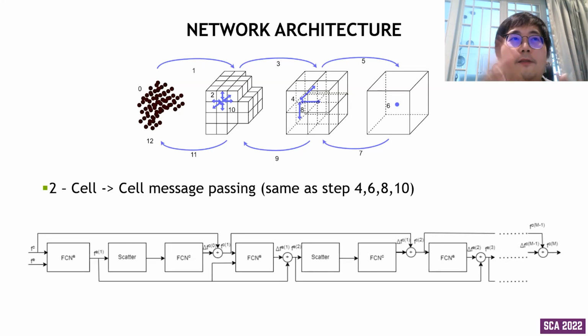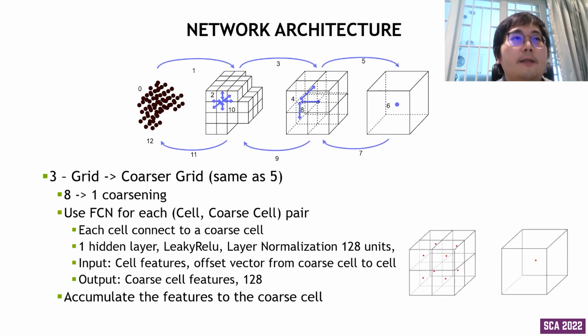The update is done with residual connections so that the features get refined more and more after each message passing iteration. Once we have done the message passing, we go from the fine grid to the coarser grid using 8-to-1 coarsening. Again, each fine cell is linked to 8 coarse cells.